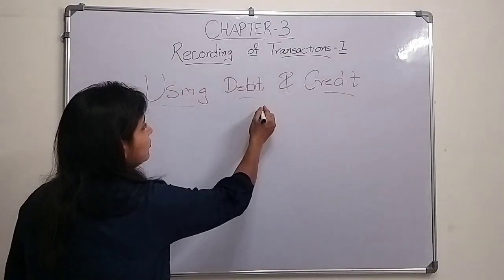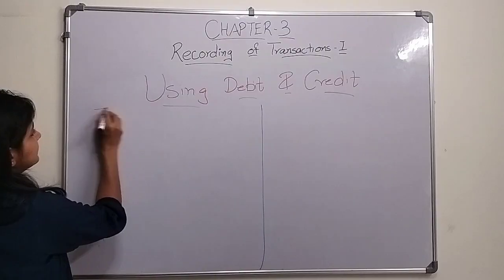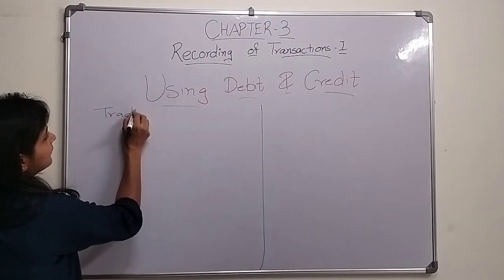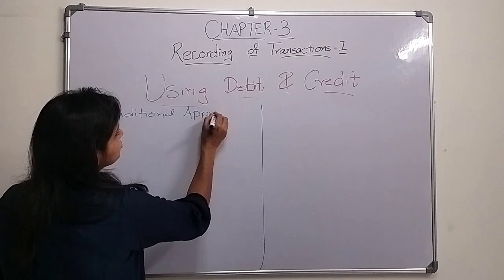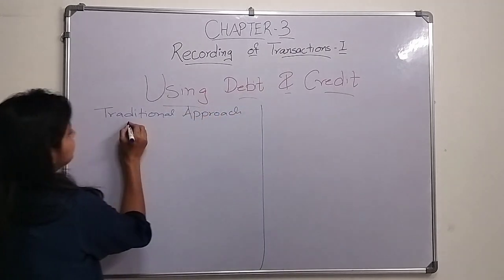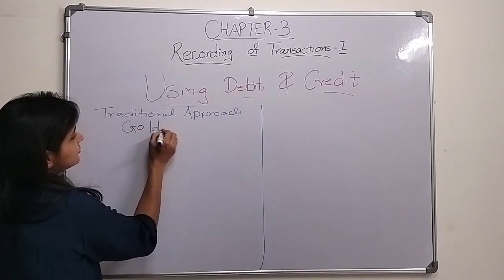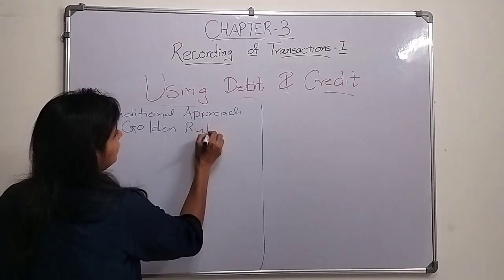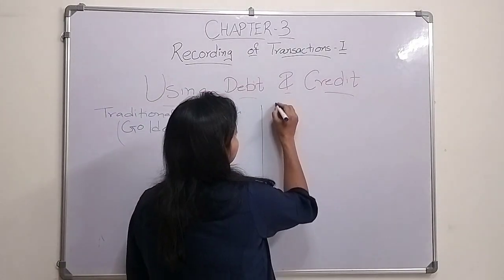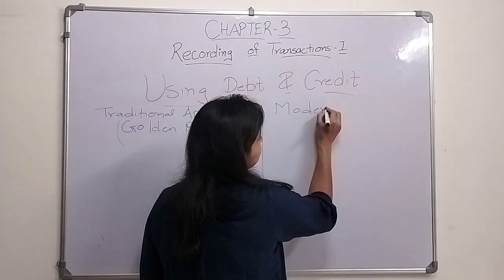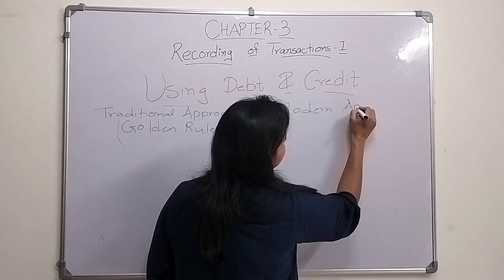So there are two approaches. One is the traditional approach. These are the golden rules. I just love and follow these rules. Okay. And there is a modern approach. Modern people, modern approach. Okay.